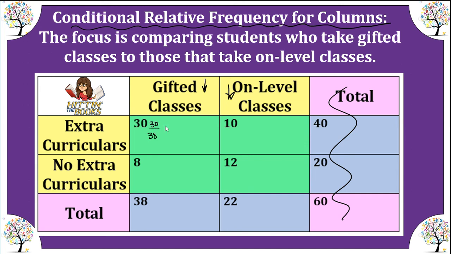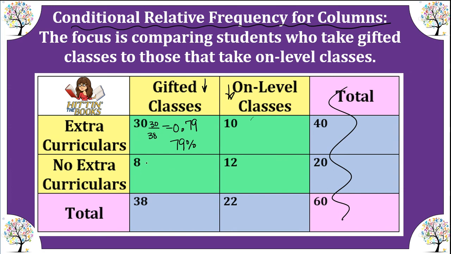So let's get our calculator and divide 30 divided by 38. That gives us our decimal. I'm going to round. And then times 100 gives us our percentage. So that's a pretty high percent. So if somebody has a gifted class, it's pretty highly likely that they also have extracurriculars such as chorus, band, sports.